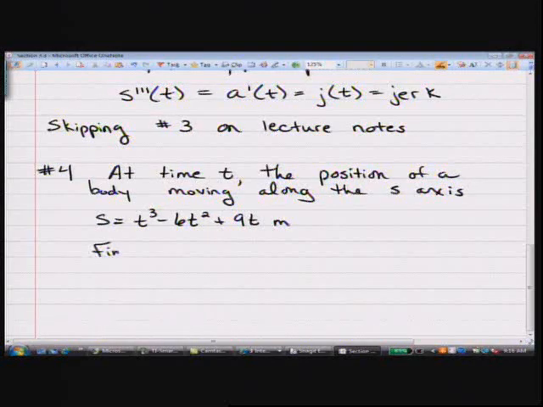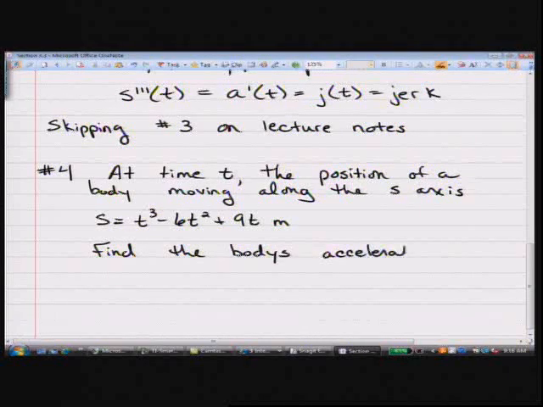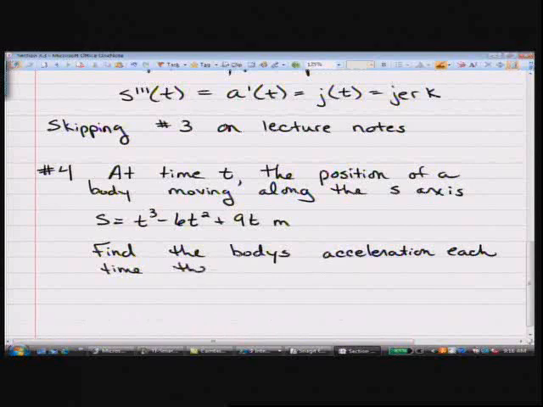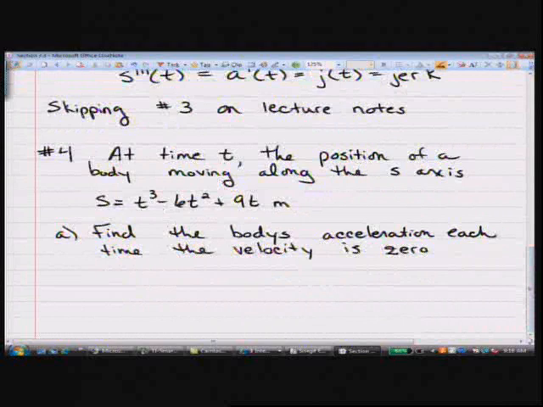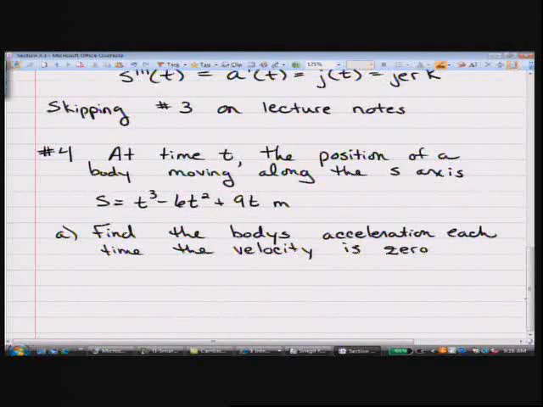Okay, so obviously you're going to need to find the velocity.